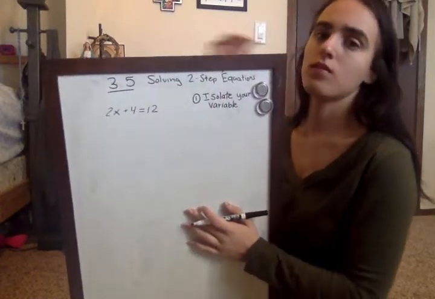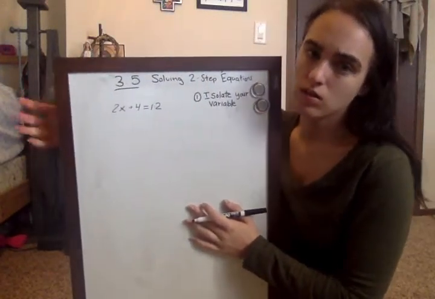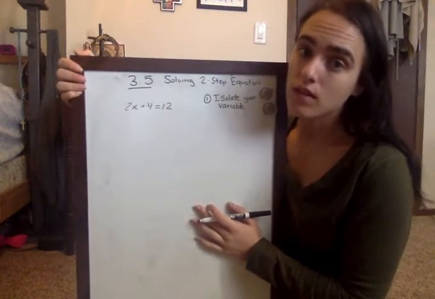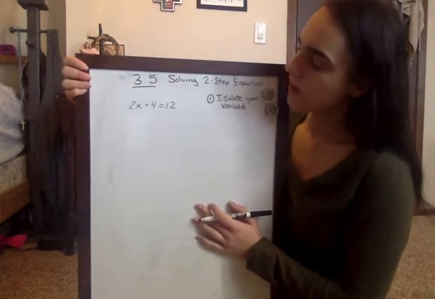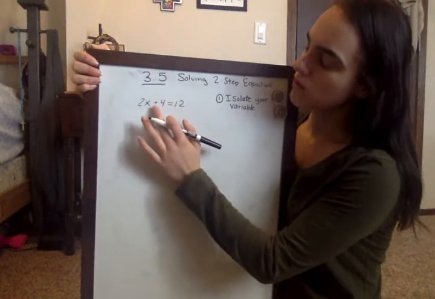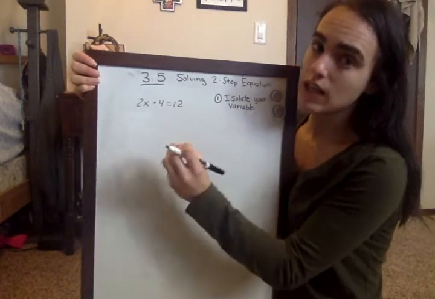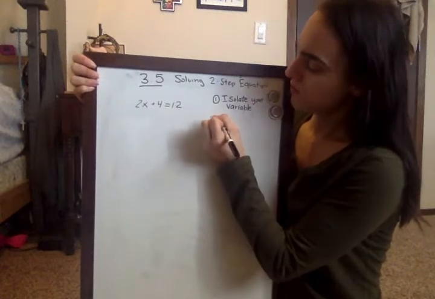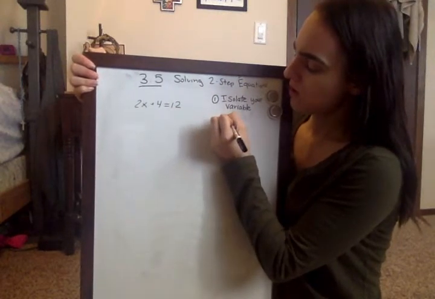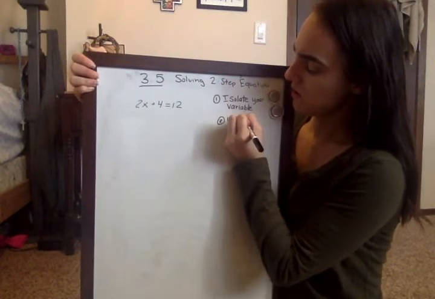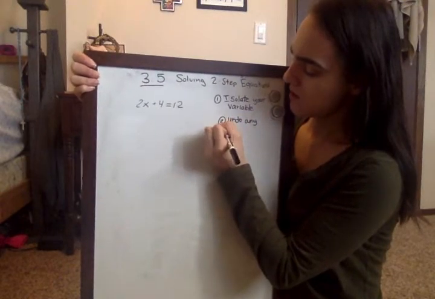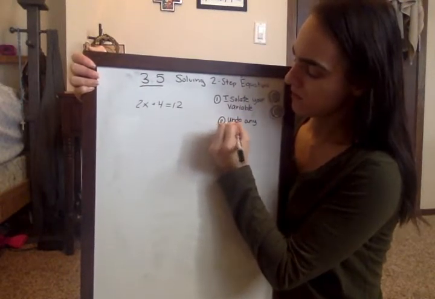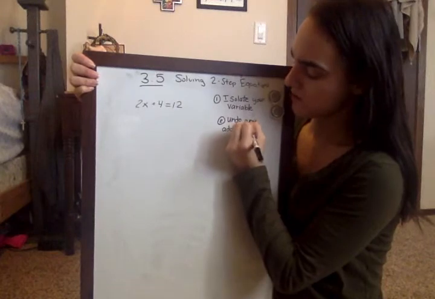Now, the first thing that you need to do is you need to isolate your x. You need to get x by itself. So what you first need to do is undo any addition or subtraction.